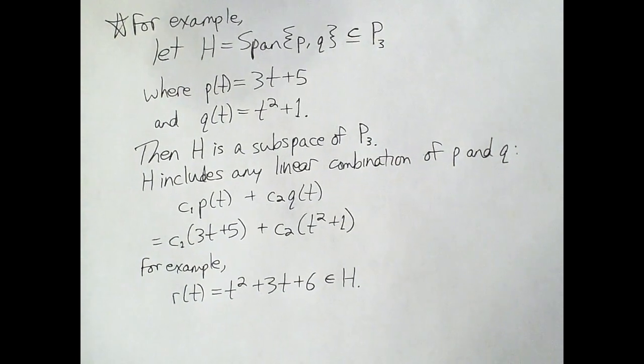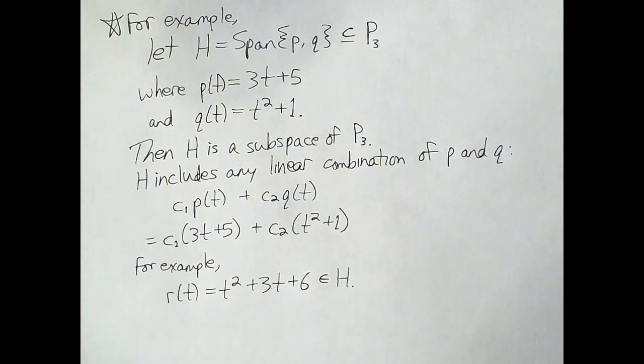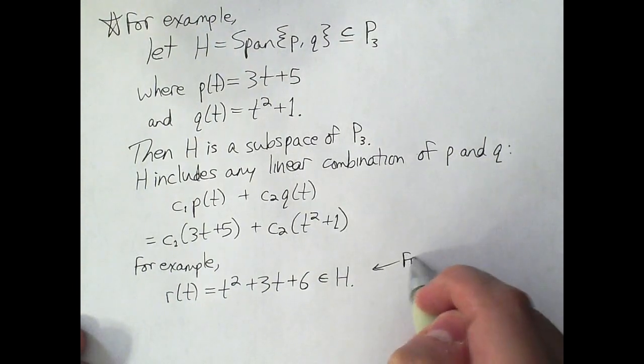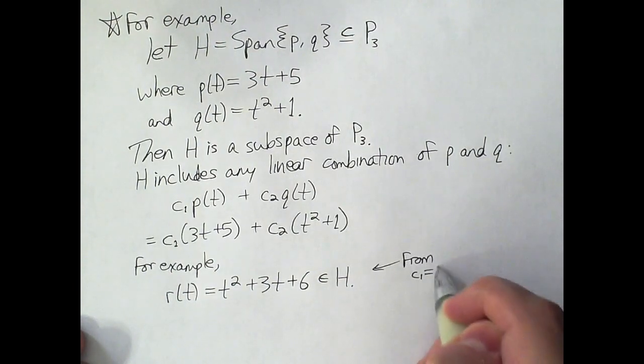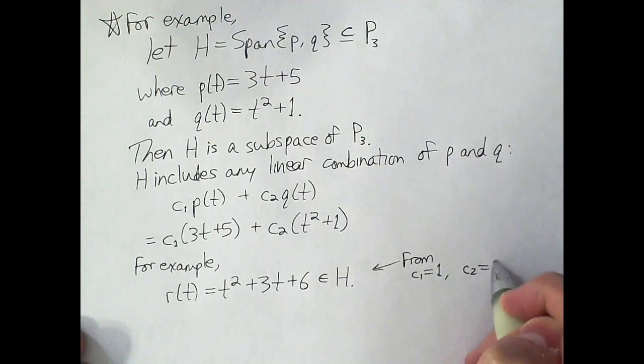Do you see what values of C1 and C2 we would have to have? Yeah, I got this one pretty simply. I said, what if C1 is 1 and C2 is 1? Then they add up to give me this. This is from C1 equals 1 and C2 equals 1.